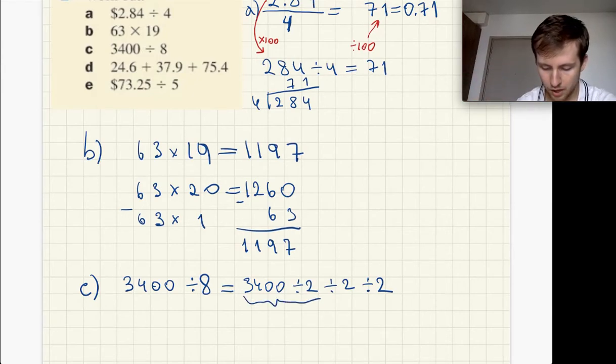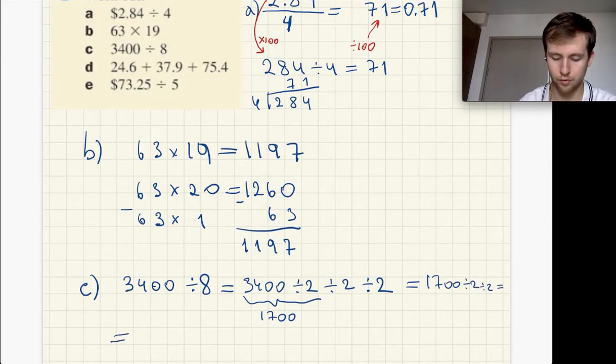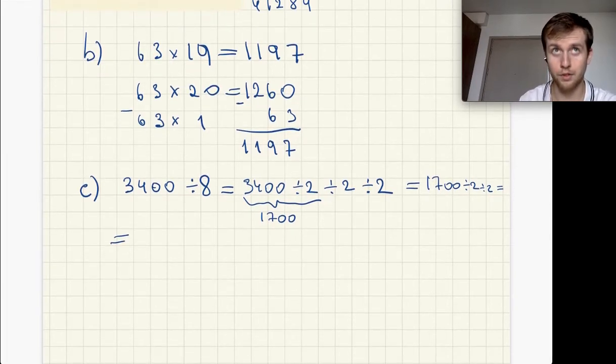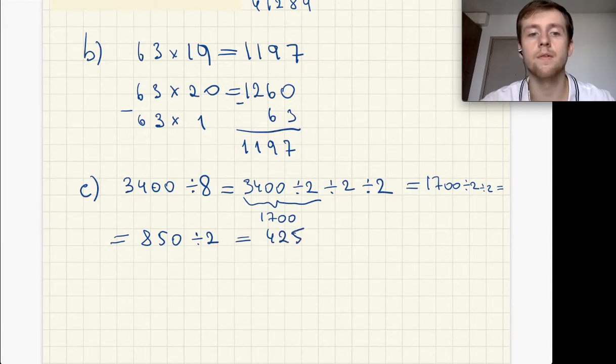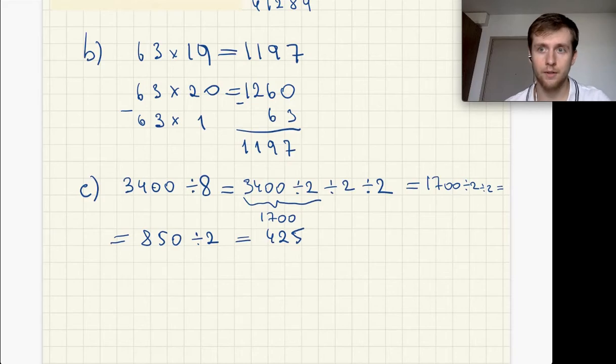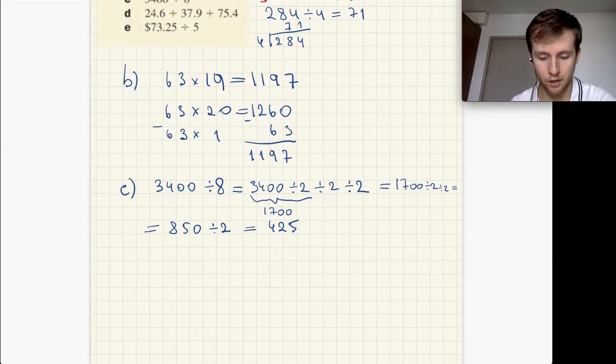It's pretty easy to halve something, right? 3,400 halved would be equal to 1,700, right? So it's 1,700 divided by 2, which is equal to, I think it's 850. So 850 halved is equal to 425. That's an answer. So that's one more small method, which maybe is going to help you.